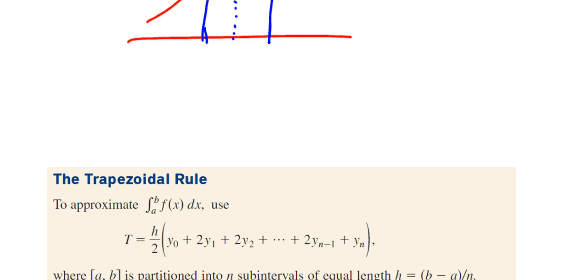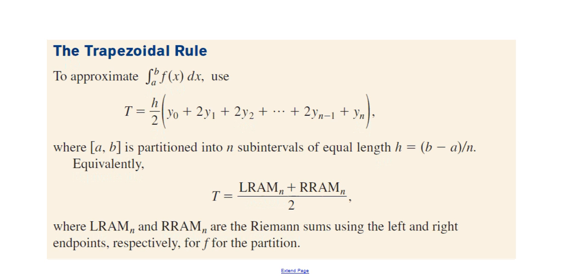So I'm going to show you on this slide the two different ways we can calculate. Roughly, we can just say we're going to add the left and right rectangular approximations and divide by 2. That's equivalent to the trapezoidal rule. We are going to do an example using this. But if we look at the one above, where t equals h divided by 2, where h is our delta x, we could rewrite this in many different ways.